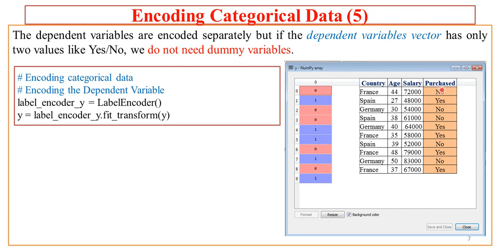In the earlier case, y had only one attribute, purchased, having values no, yes, no, yes, no, yes. After this transformation, it will be a column having numerical values. Instead of no there will be 0, instead of yes there will be 1, instead of no, no it will be 0, 0, instead of yes, yes it will be 1, 1. This way all the categorical values are replaced with numerical values. That was the purpose of performing the encoding on the categorical data.